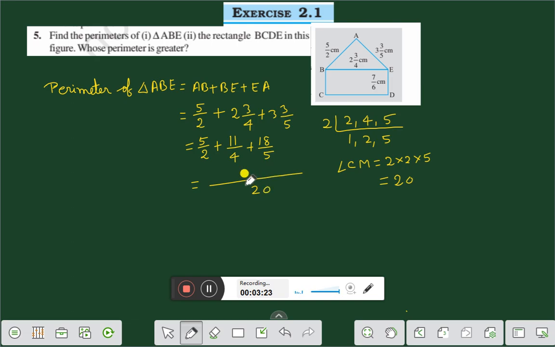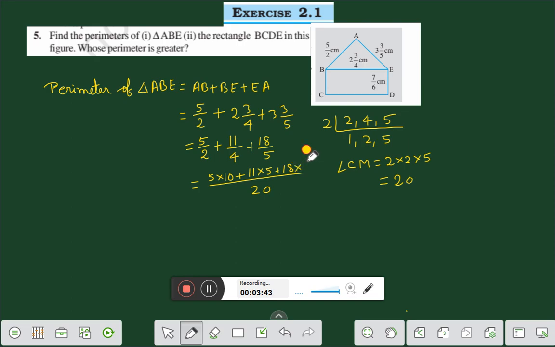You divide 20 by 2, it is 10. It is 5 into 10 plus, if you divide 20 by 4, it is 5. It is 11 into 5 plus, if you divide 20 by 5, it is 4. It is 18 into 4.